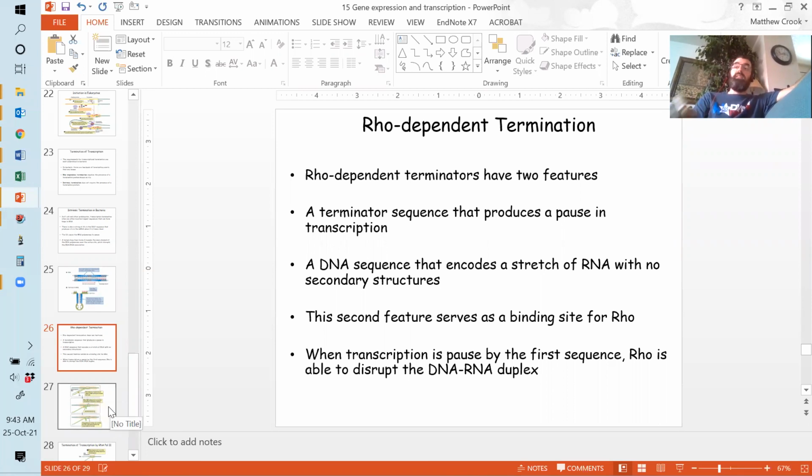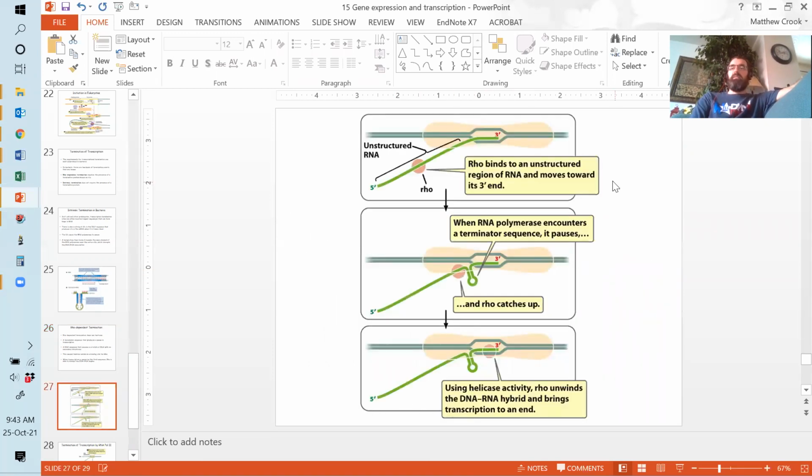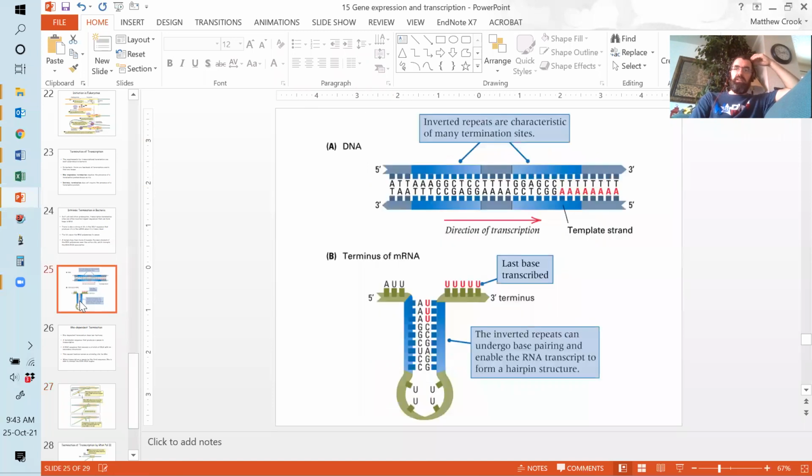And so that's why that terminator sequence that pauses RNA polymerase is so important, because if it isn't there, essentially Rho will never catch up with RNA polymerase and it will never terminate transcription. So that's why you've got to have those two different things. So essentially what we have is a simple bit of RNA, right? So no secondary structures, none of these loops or anything that would get in its way.